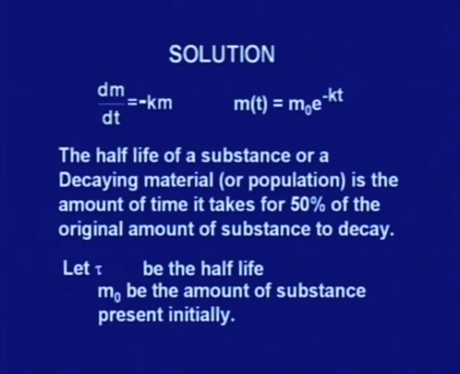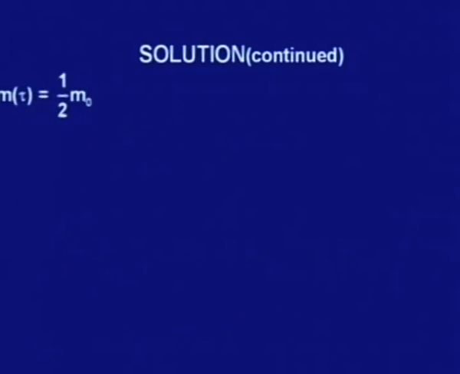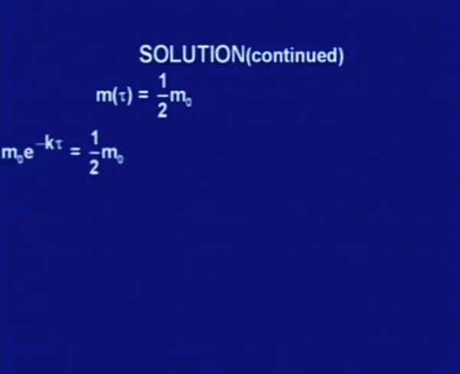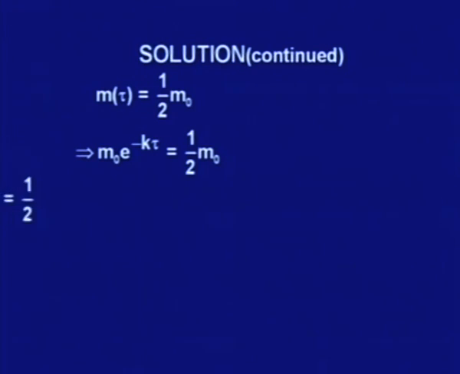Because we know the solution, m t is equal to m naught times e to the power minus k t, at tau we get m tau as half of m naught. Now, put tau as 5600 in our solution, and we get m naught times e to the power minus k tau as half m naught, or e to the power minus k tau as half.